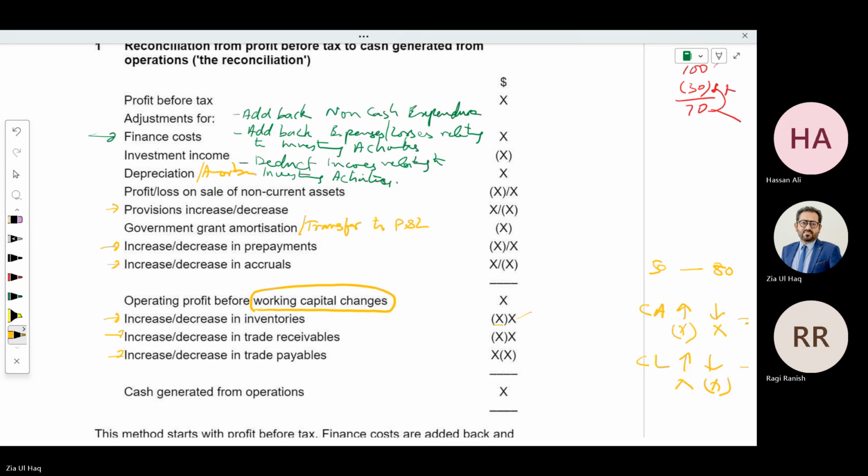Increase, direct relation, positive; decrease, outflow, negative. Can you understand this? Yes. So instead of writing these three here, we will write these three here in working capital changes. There will be no issue.